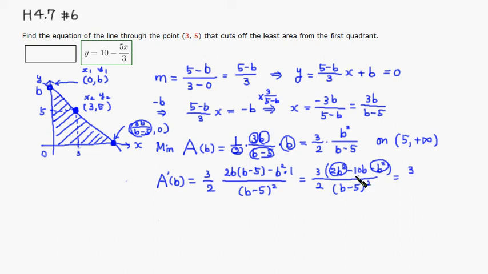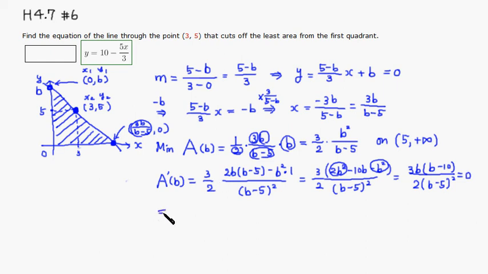And there's negative 10b, so I'm going to actually factor out b, right? Then you have a b from b squared and a negative 10 from negative 10b. And over, you have 2, then b minus 5 squared. All right. So that's the derivative, and set that equal to 0 to find the critical number.